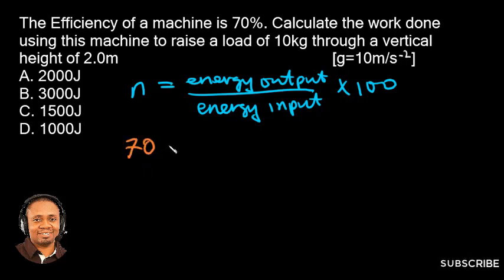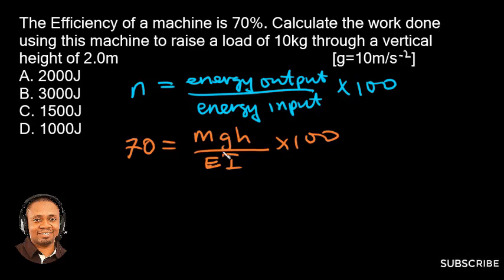So let's substitute that in immediately. Then for the energy output, let me write that out, mgh, that is mass times gravity times height, over the energy input. Let us just represent that with EI, times 100.